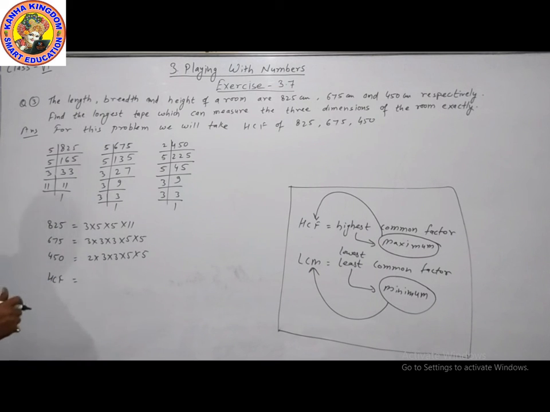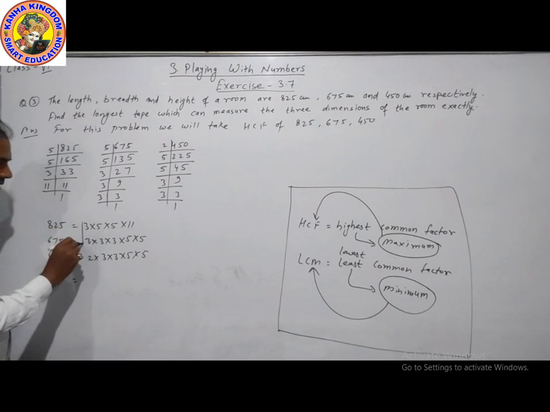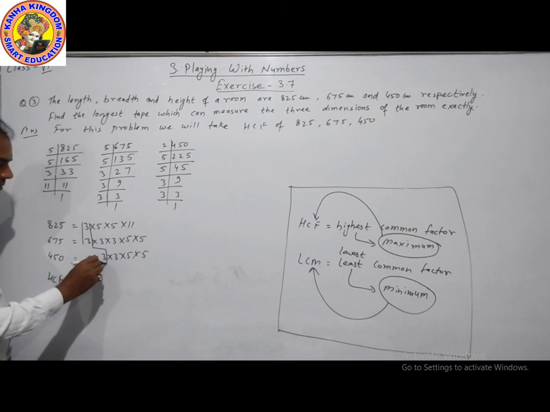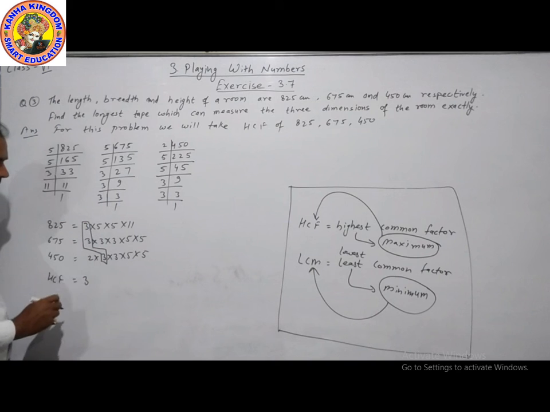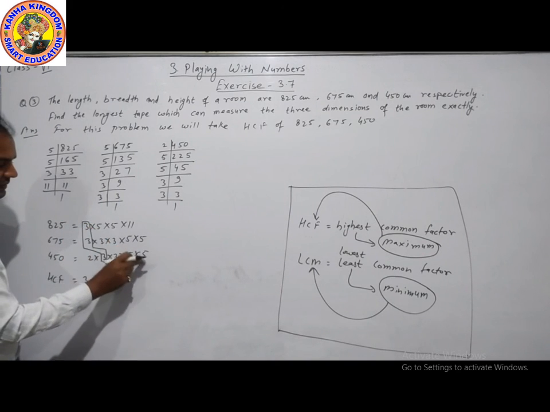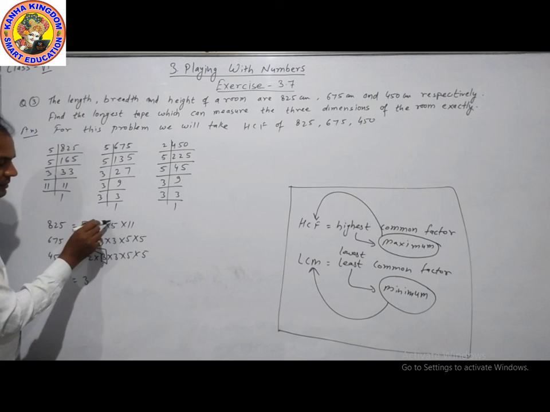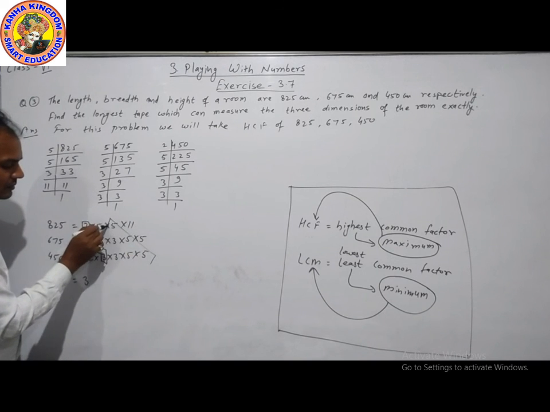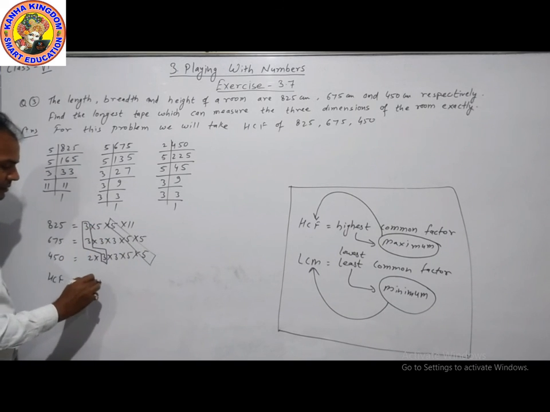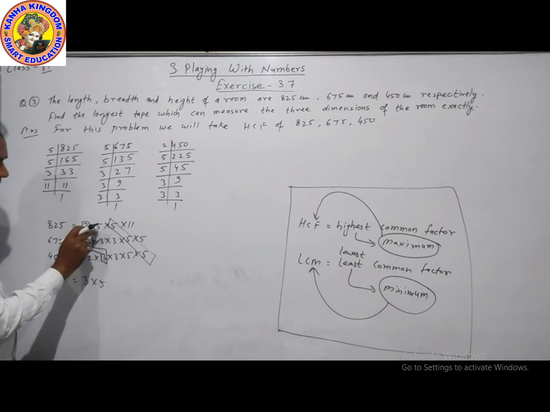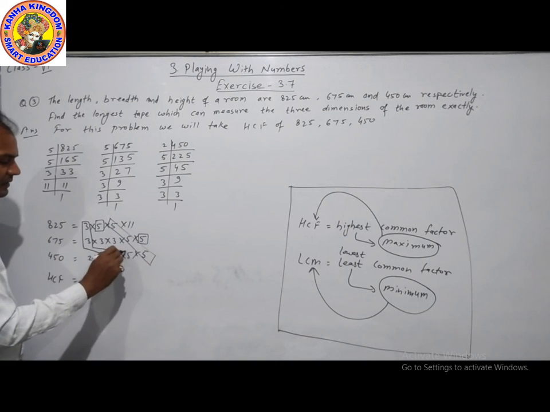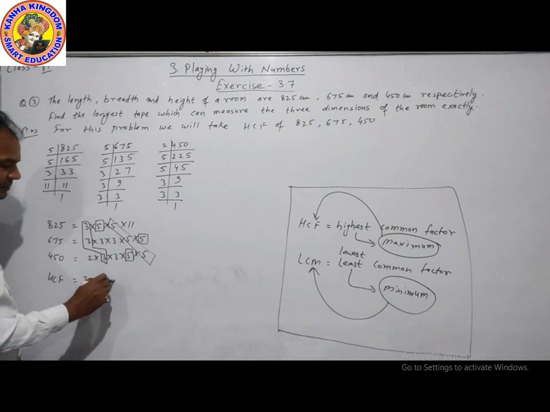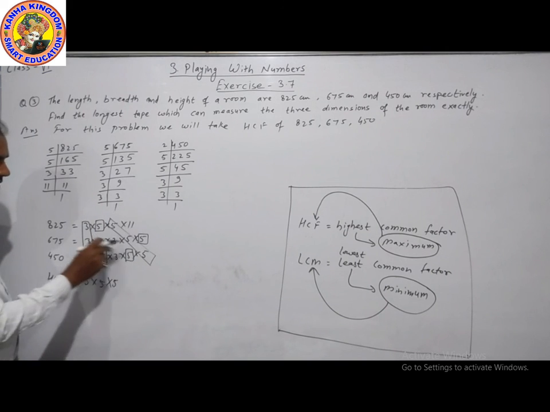The common factors in these three are 3, then 5, 5. 11 is not here.